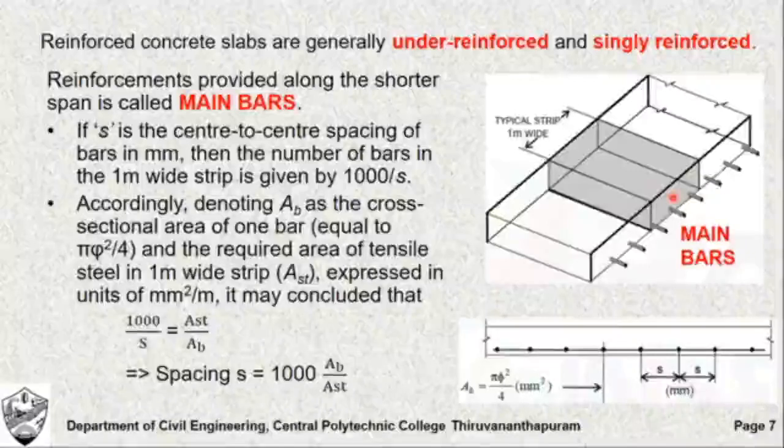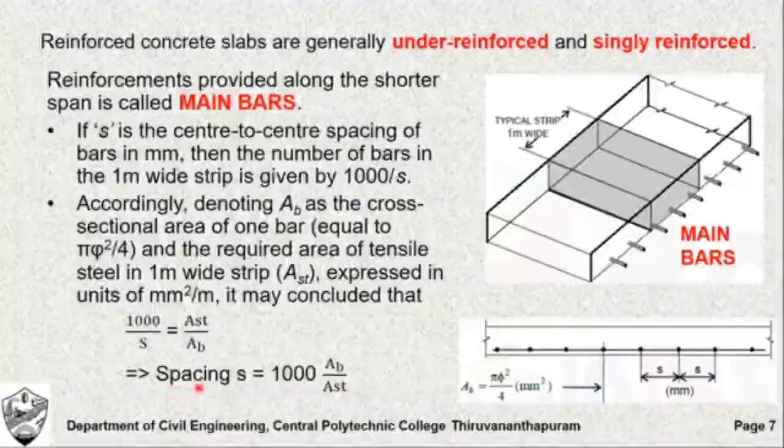and by dividing Ast by Ab, you will get the number of bars. So you have already determined the number of bars as 1000 by S. Here you are again determining the number of bars as Ast divided by Ab. So you just equate both the terms. 1000 by S is equal to Ast divided by Ab, from which you can say spacing S is equal to 1000 into Ab by Ast.